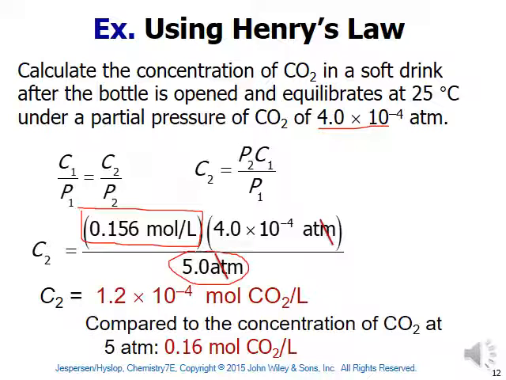The initial pressure is 5 atmospheres inside the bottle, and when it's open, the final pressure is this. So this is the final pressure, and the 5 atmospheres from the last problem is the initial pressure.